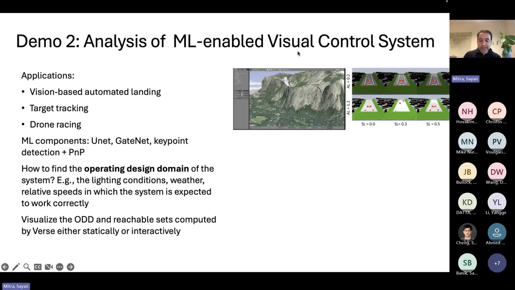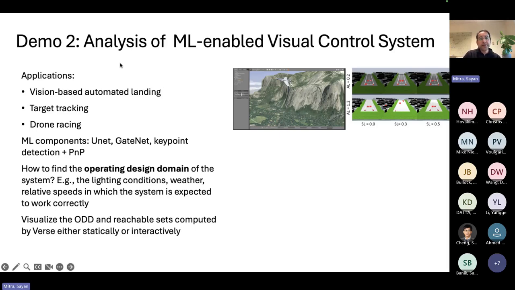This was not a major part of Thrust 2 when the proposal was written 3 years ago, but other parts of this project are using machine learning in a very significant way. So it's natural to also see how to verify autonomous systems that use machine learning. So we are going to look at that.